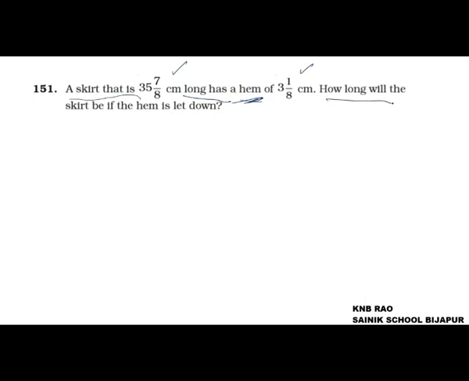Now, how long will the skirt be if the hem is let down? So here, if we remove hemming, so length of the skirt increases. So increasing is just nothing but adding 35 integer 7 by 8 plus 3 integer 1 by 8.